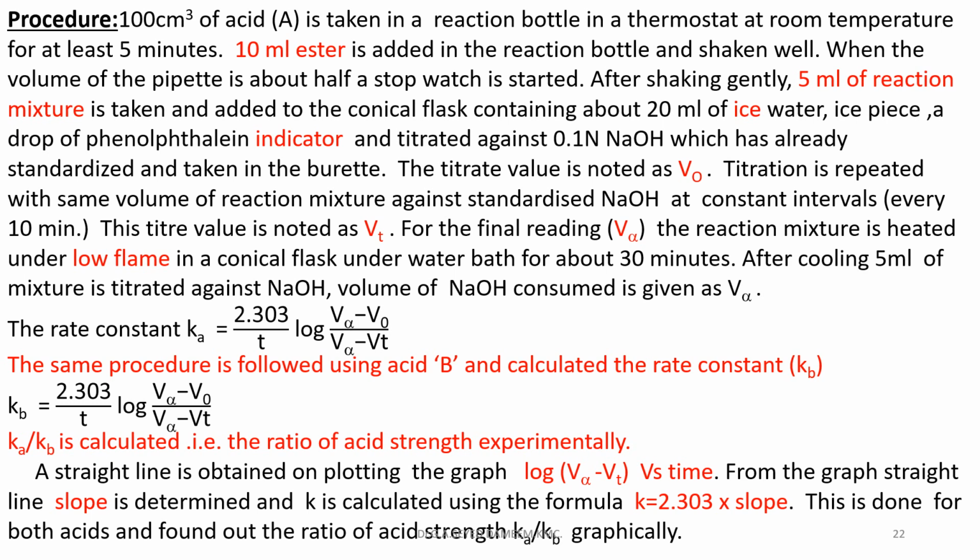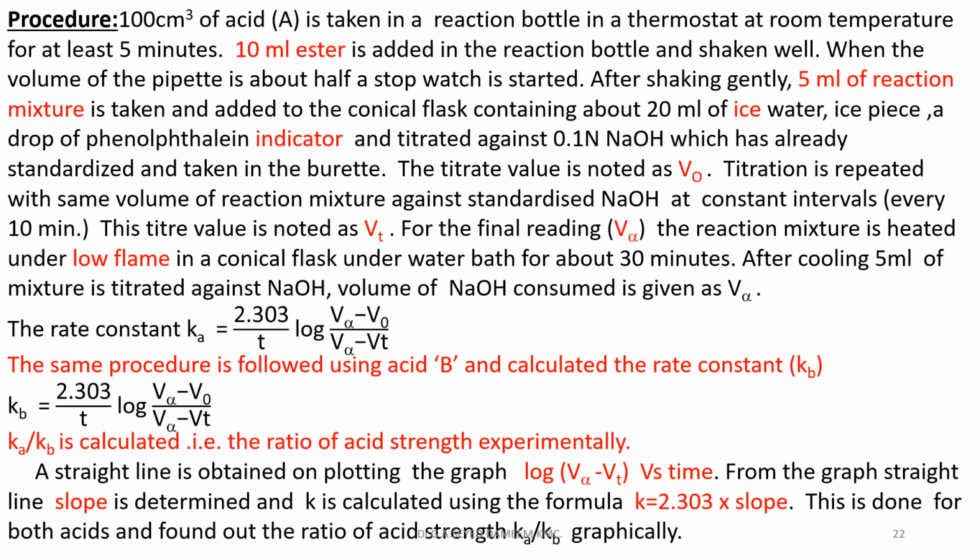The average rate constant is calculated by adding all these values and dividing by 6. That is the rate constant of hydrolysis of ester by acid A, that is Ka. Here A stands for acid A.